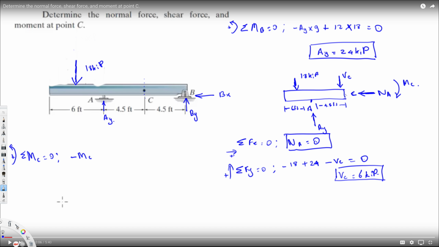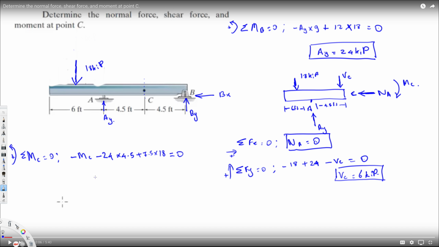Then we have Ay, which is 24, pushing this object upward, so it's going to be clockwise, therefore negative 24 times 4.5. Then we have 18 kilopounds pushing this object counterclockwise, at a distance of 4.5 plus 3, which is 7.5. So 7.5 times 18, and that equals 0.